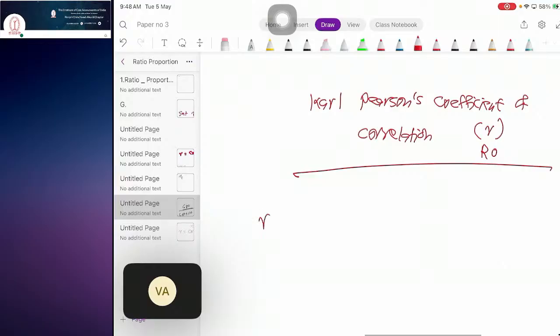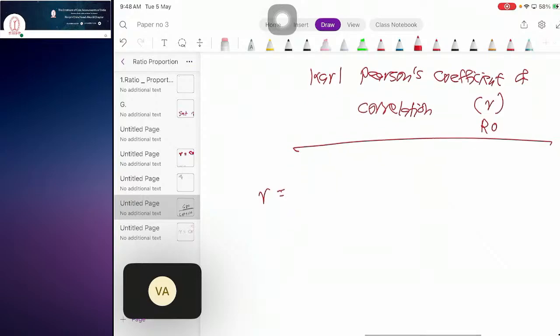What is the formula for that? For calculating Karl Pearson's coefficient, we find whether these two variables are positively correlated, negatively correlated, or not correlated, and how much percent they are correlated. What will be the value of R? 30%, 20%, 80%, or in terms of 0.3, 0.4, 0.004. If it is a negligible correlation, or a positive perfect correlation, from the value we can tell. There are two methods to find the correlation between the two variables.